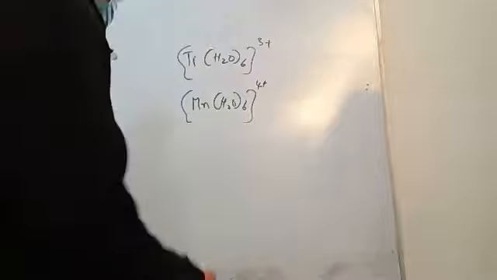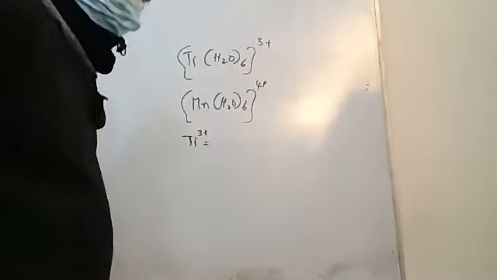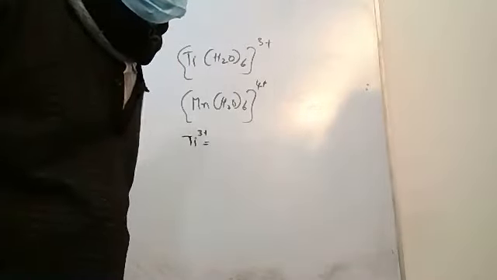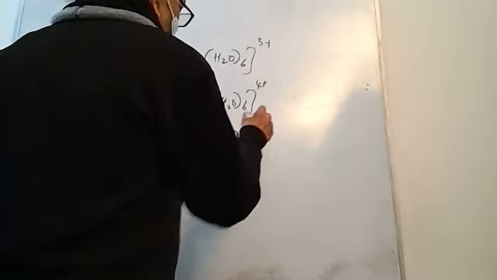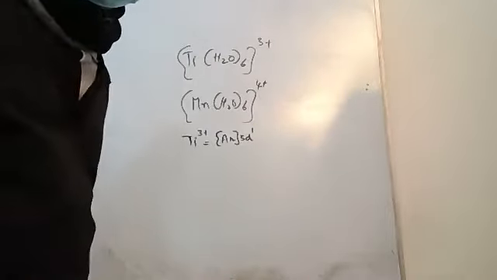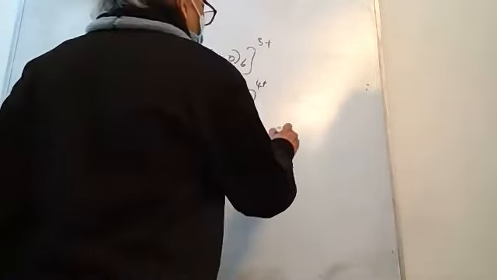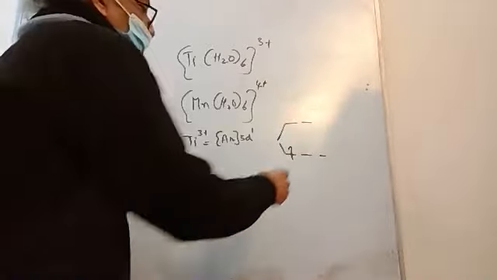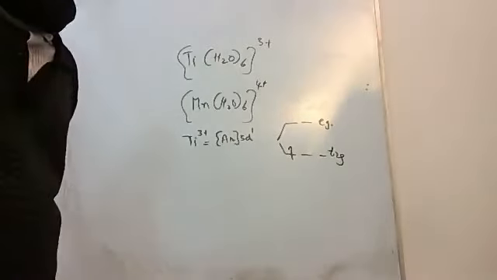So let's do this. With the titanium 3 plus, the electronic configuration of titanium 3 plus is argon 3d1. Titanium 3 plus has one unpaired electron in the d level. So in the octahedral field, you will have just one electron in the T2g and none in the Eg.